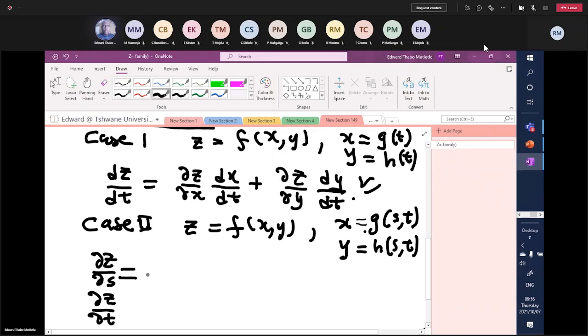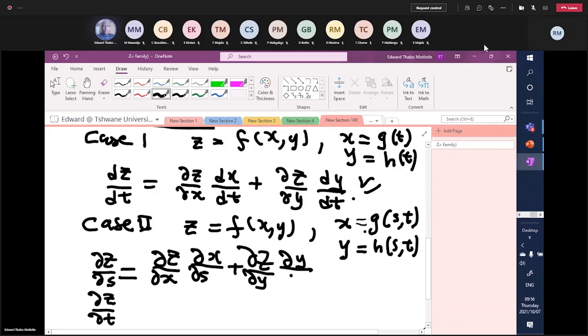So for dz/ds, it means that you differentiate z partially with respect to x, and you differentiate x partially with respect to s, plus you differentiate z partially with respect to y, and you differentiate y partially with respect to s. So this will be the solution.